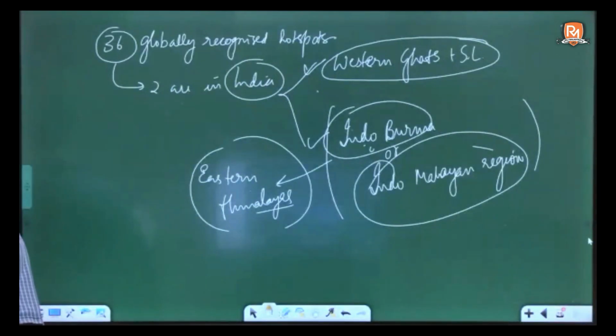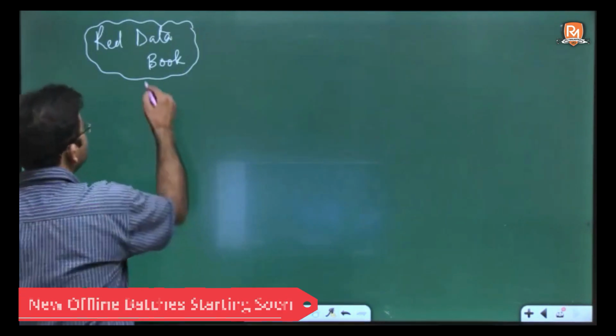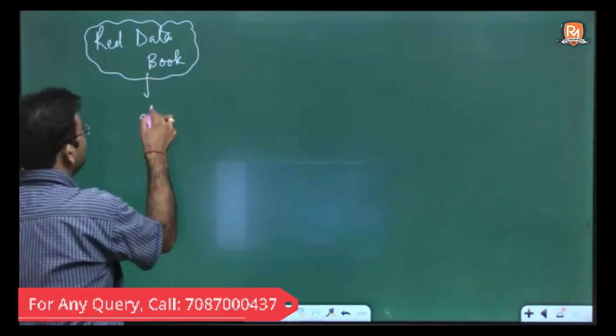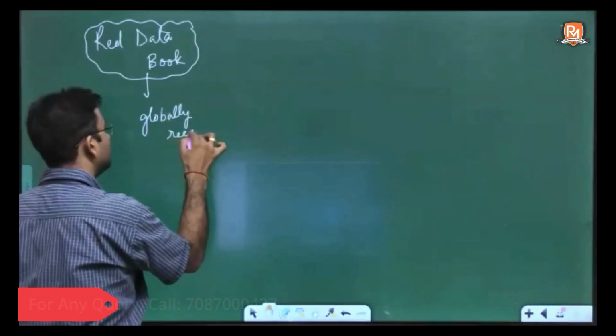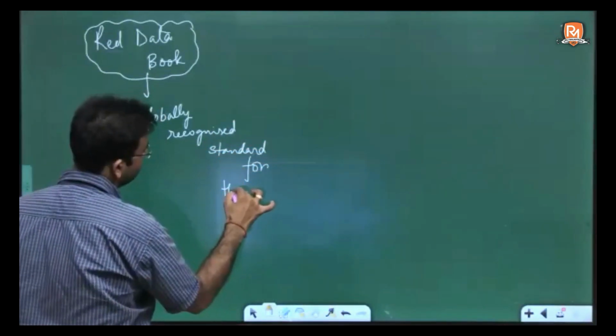All right, red data book. Look, the red data book is a globally recognized standard for threat perception to the species.